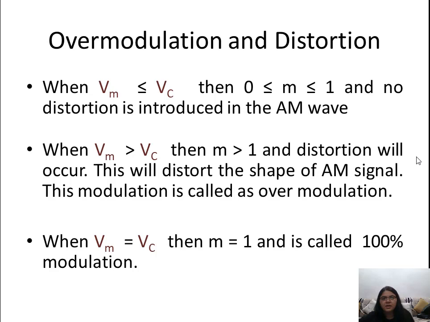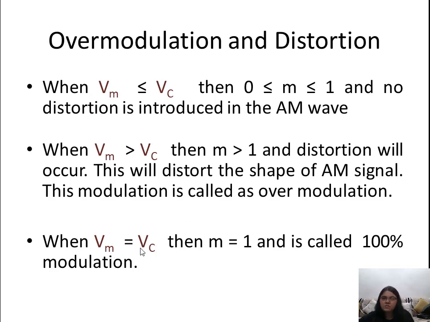Now this is the graph for these values. If m equals 50%, then you can see here the perfect modulation. What does that mean?